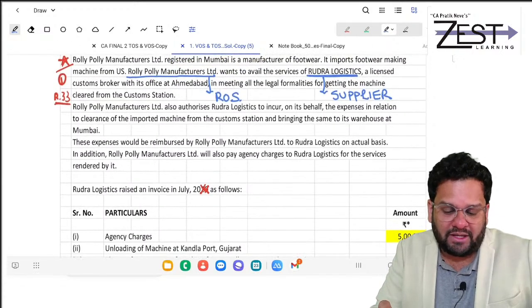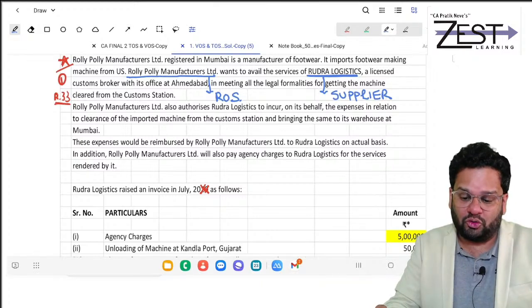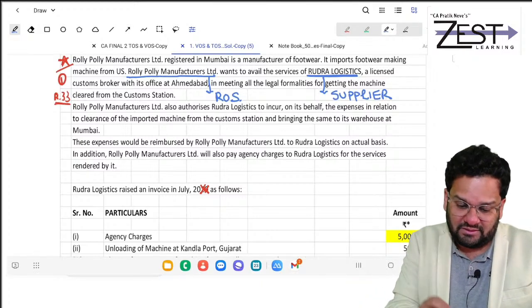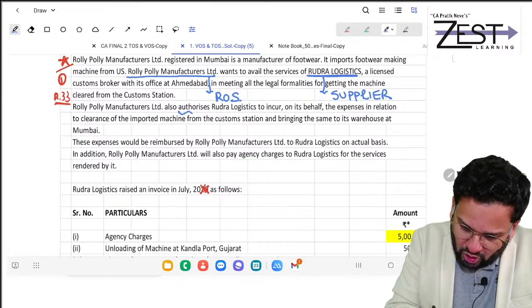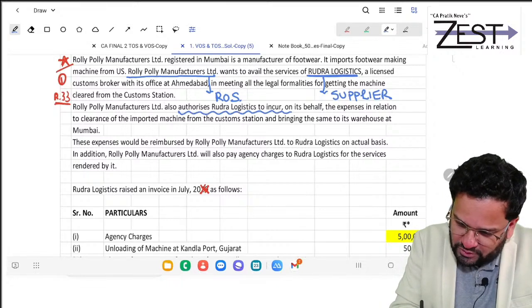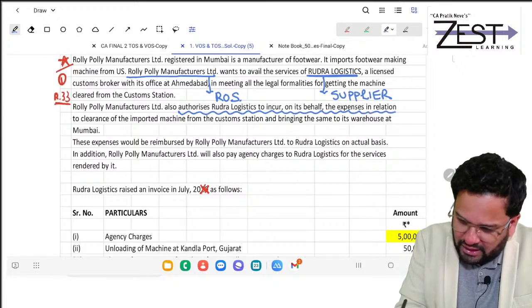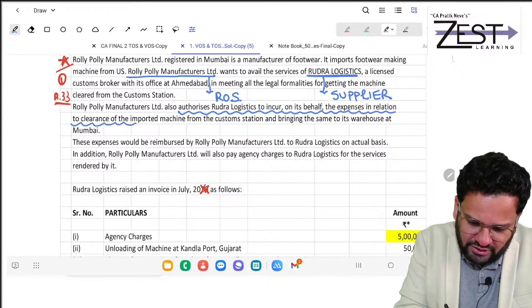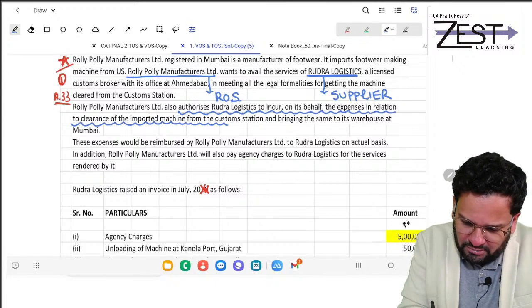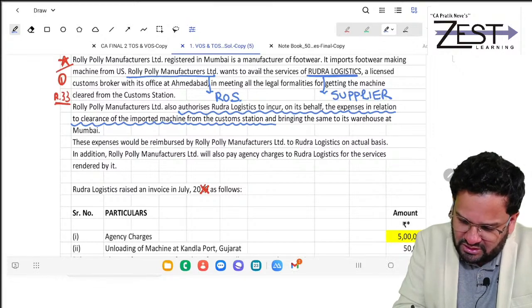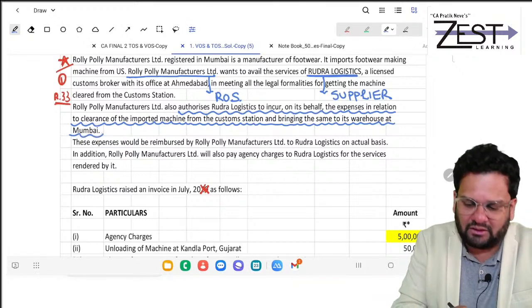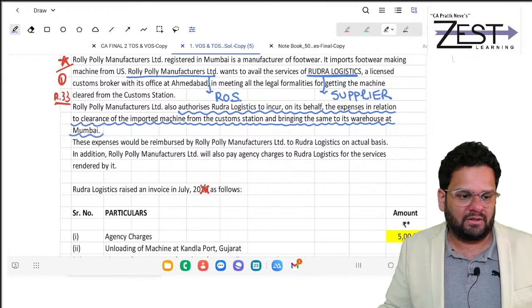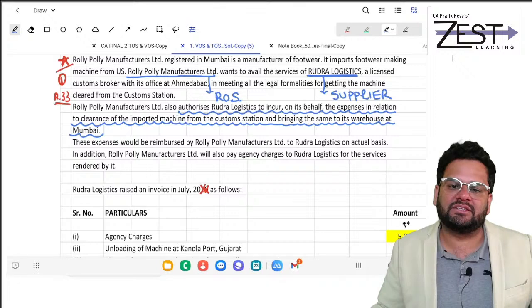Rolly Poly Manufacturers Limited also authorizes, so see, recipient of supply authorizes Rudra Logistics to incur on its behalf expenses in relation to clearance of imported machine from custom station and bring the same to its warehouse at Mumbai. Did you all understand till this point?